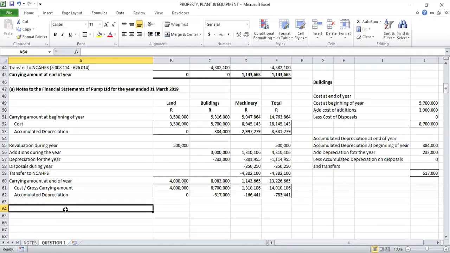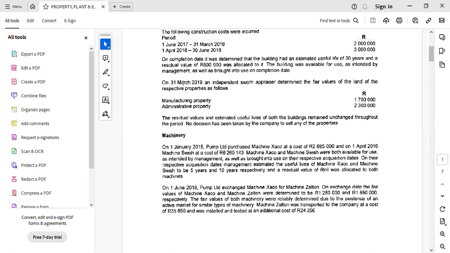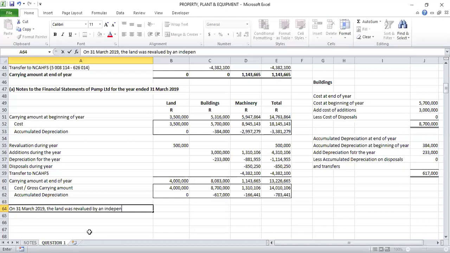Right. Then if there was a revaluation of the building, you can just say on 31 March 2019, the land was revalued. Let's check if we know who revalued and their qualifications. They said by an independent sworn appraiser.